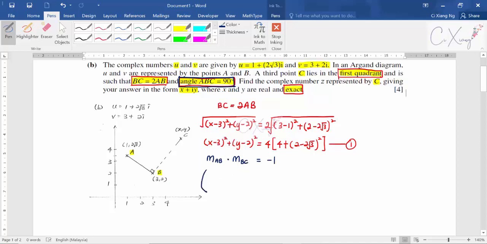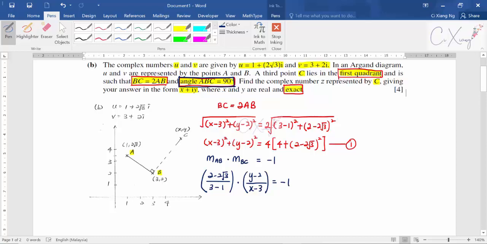You can have y2 minus y1 over x2 minus x1, so (2 minus 2 square root 3) divided by (3 minus 1), multiplied with the gradient of BC. You can use (y minus 2) divided by (x minus 3), and it is equal to -1.